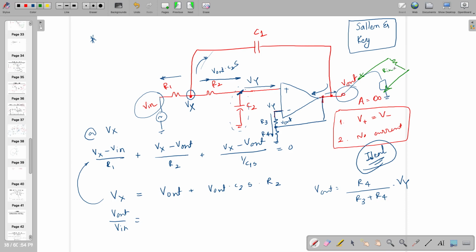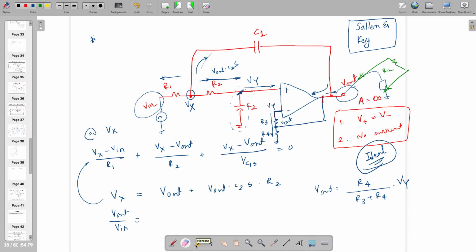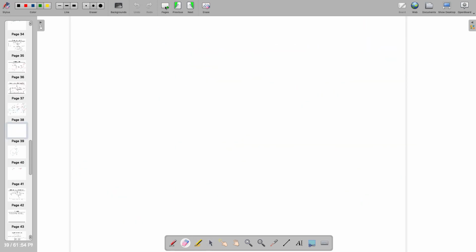If you are connecting this V out to an oscilloscope, it's equal to 1 mega ohm, which I am going to consider as infinity, and that's why it looks like open. Otherwise, V out cannot ever be open. That means current is not flowing from node Vx; no current is flowing into the capacitor.